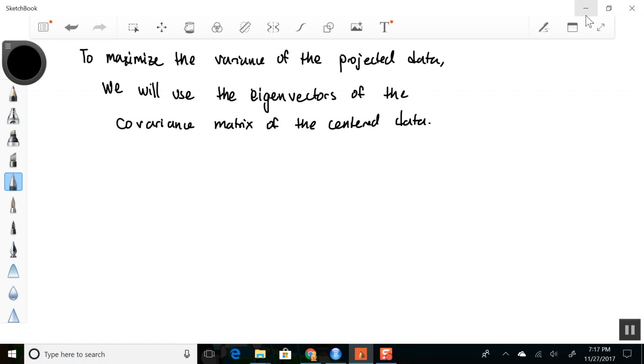Are we familiar enough with eigenvectors? How can I simply explain what an eigenvector is? If you think of matrix multiplication, when you have input data and you multiply it by a square matrix, let's start with a 2 by 2 matrix.